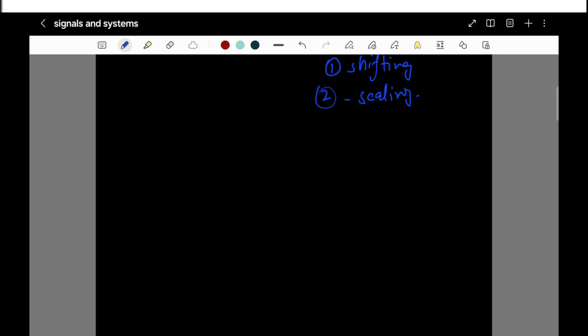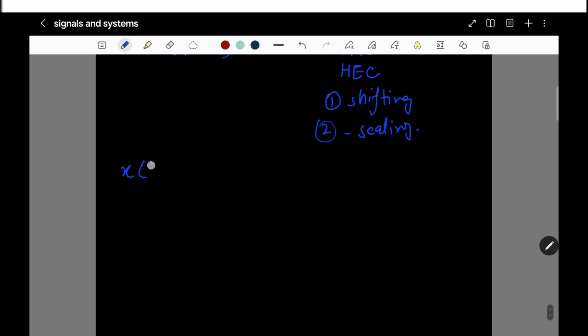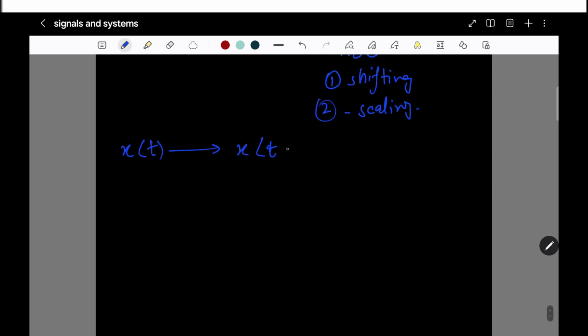So I simply do the shifting first, which is x of t. You shift by x of t plus 1, which means that you shift this signal to left by 1, which is essentially the first part of this question, and then you scale the independent variable by 3 by 2 plus 1.